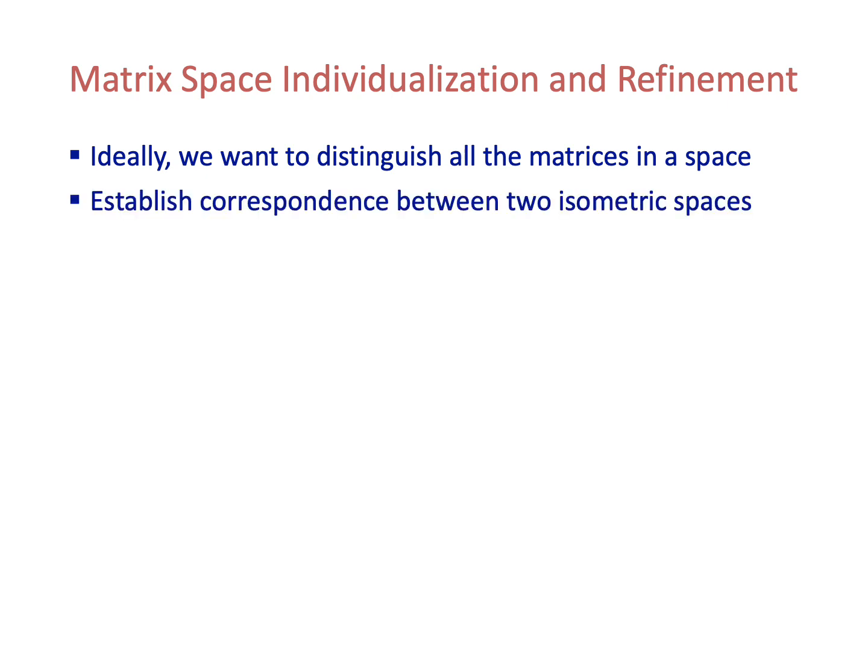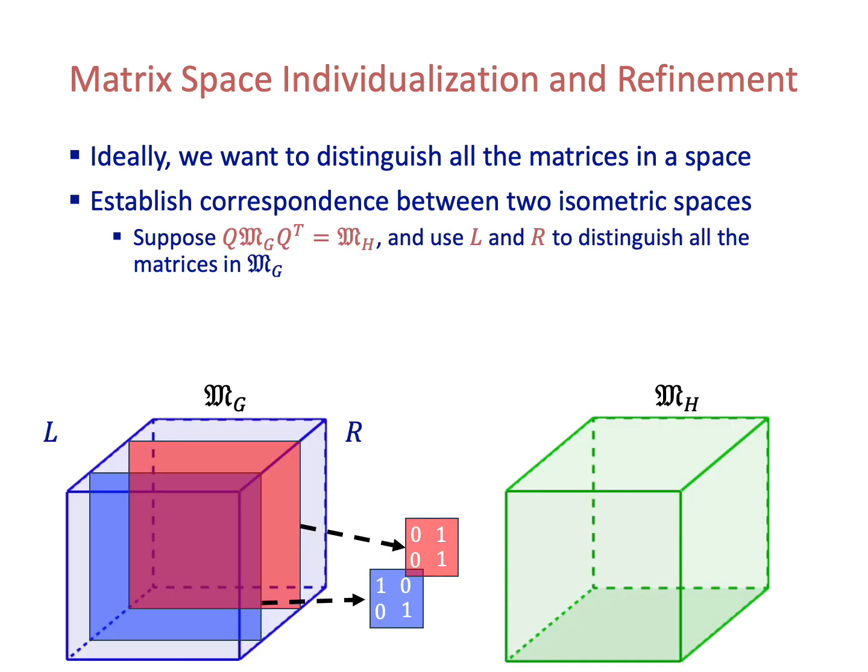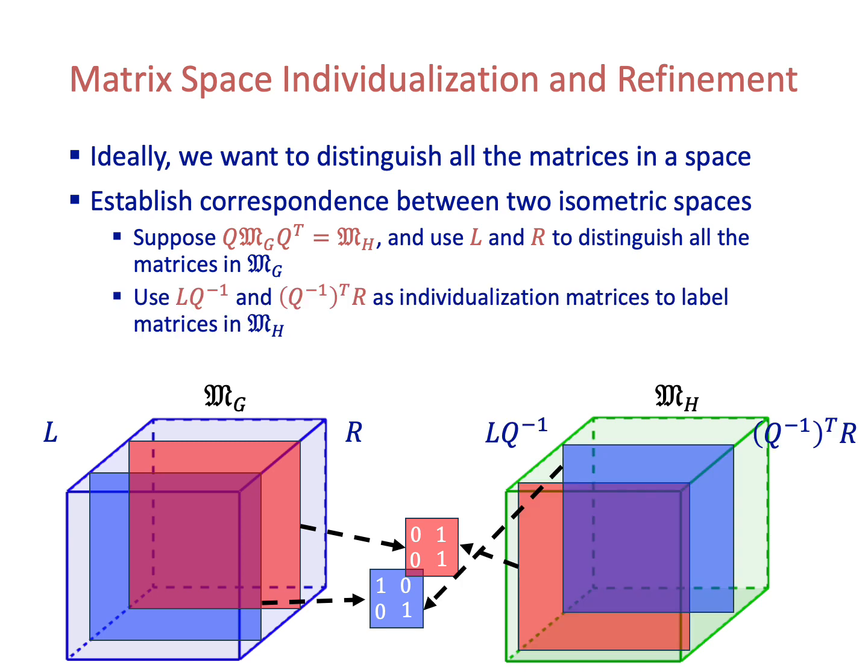If this is possible, we can establish the correspondence between two matrix spaces as follows. Suppose the individualization matrices for one space can give different labels to all the matrices. If we use equivalent individualization matrices for another space, up to an isometry between the two spaces, matrices in the other space are also distinguished, and the sets of labels produced for the two spaces are the same.